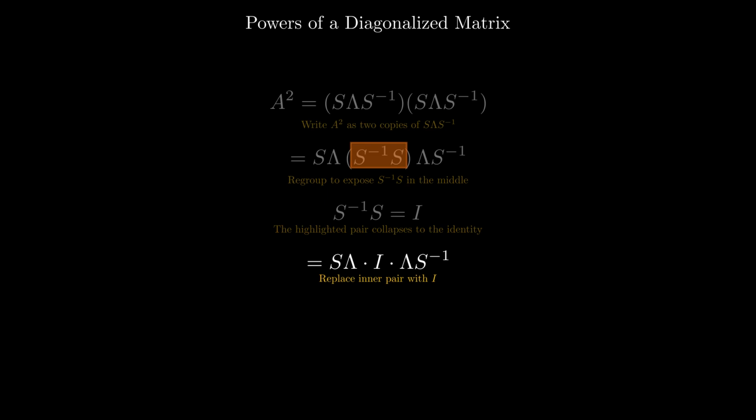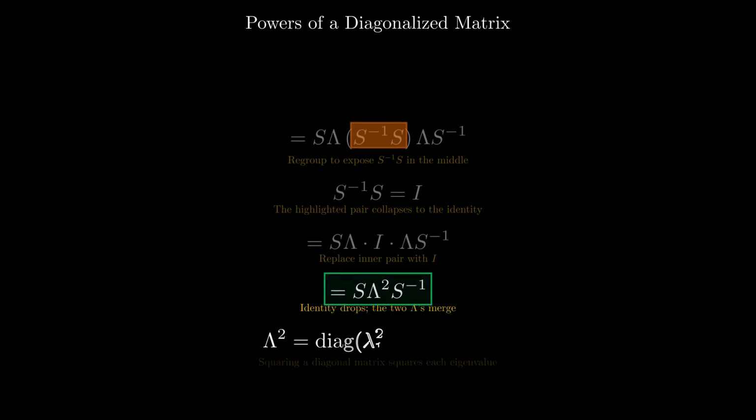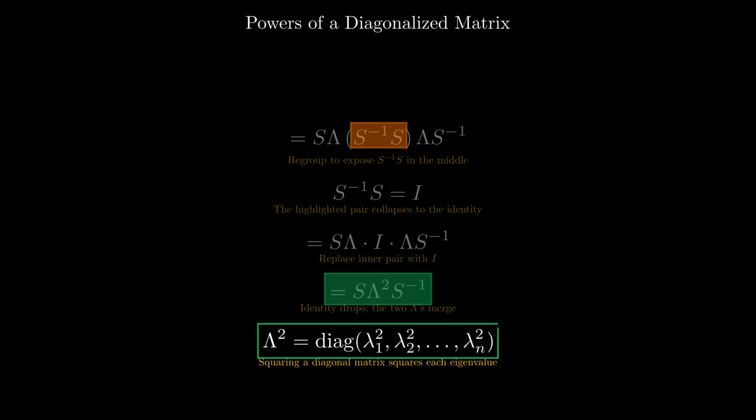The identity does nothing, so the two lambdas merge, and we're left with S lambda squared S inverse. The outer S and S inverse survive, the inner pair annihilates, and all the action is concentrated in lambda squared, which simply squares each diagonal entry. Matrix exponentiation has been reduced to scalar exponentiation.